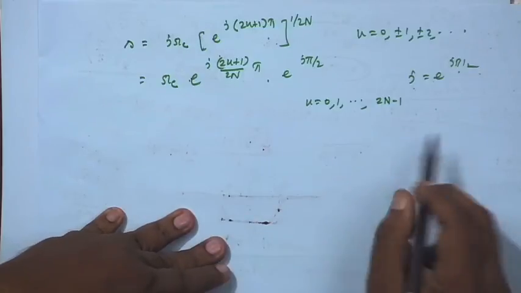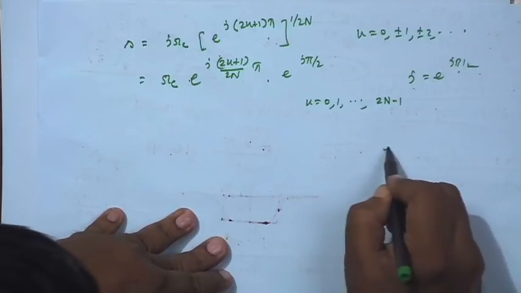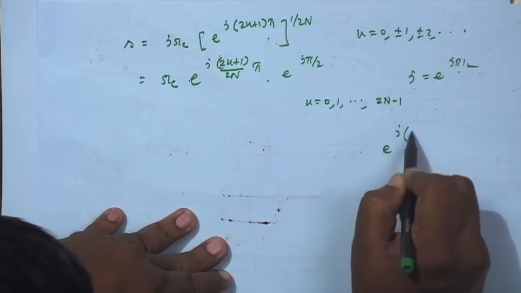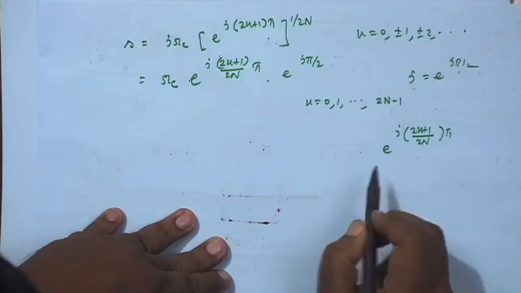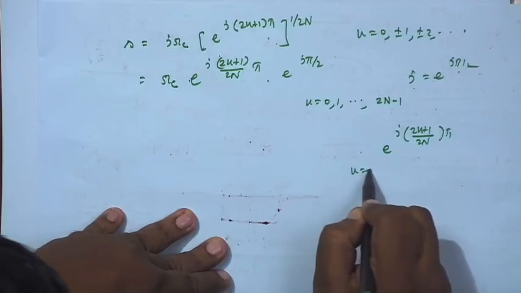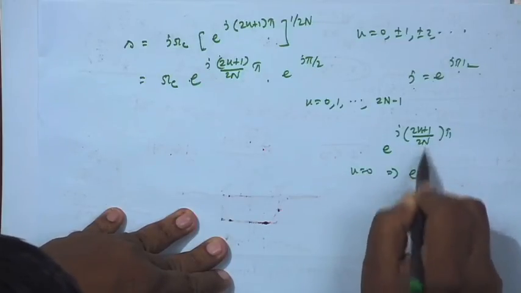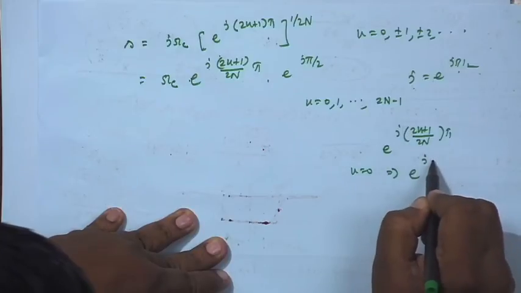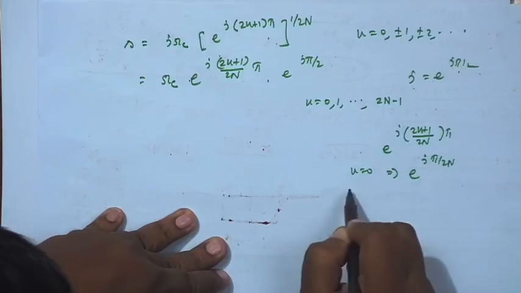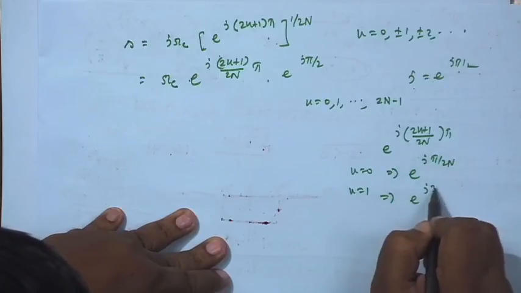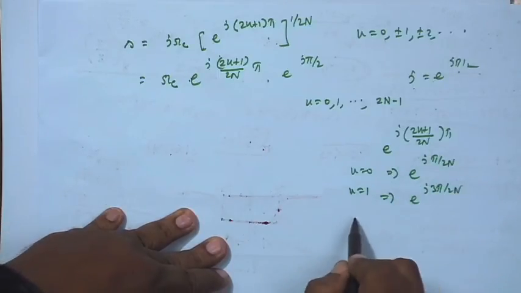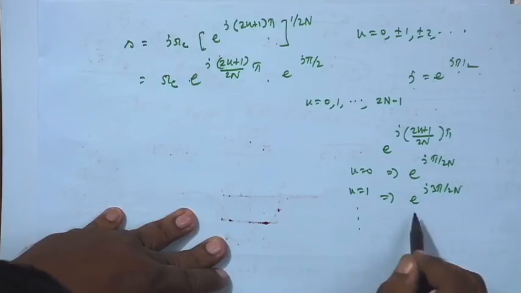Then, if you consider this factor, it is e to the power j (2k plus 1) by 2n into pi. So, k equal to 0. How much is it? It is e to the power j pi by 2n. K equal to 1. How much is it? It is e to the power j 3 pi by 2n. Dot dot dot dot. How far can it go?